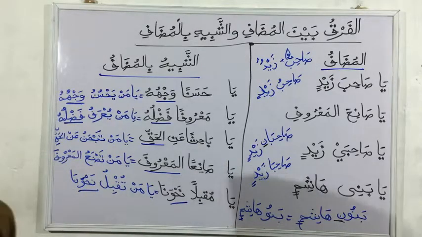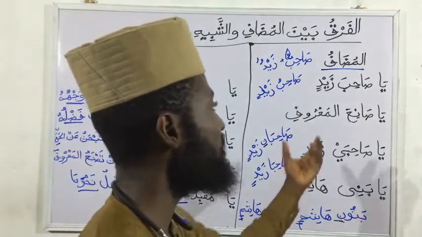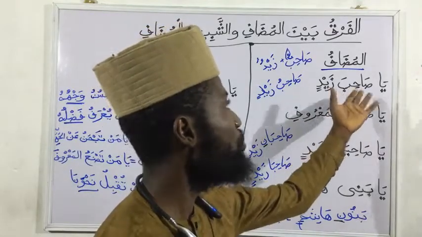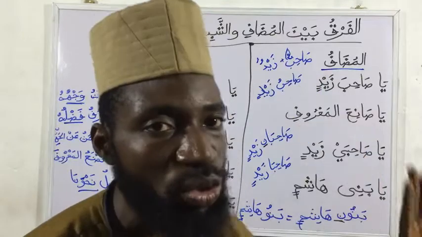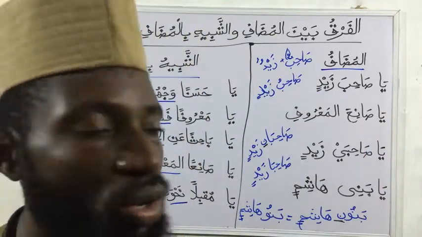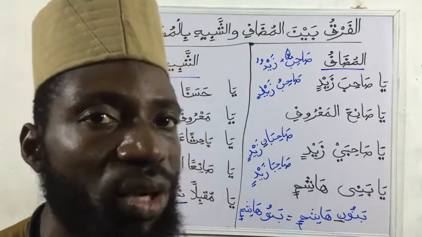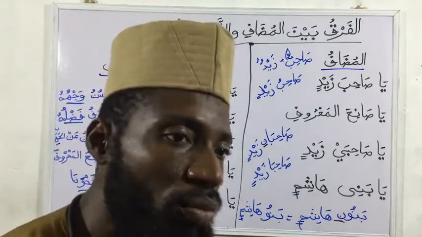Now the third of their differences; we have looked at two so far. The first difference is that when your mudaf comes in, the tanwin will be lost, or if it is muthanna, the noon of the muthanna will be lost. If it is jam' mudhakkar salim, the noon will also be lost.